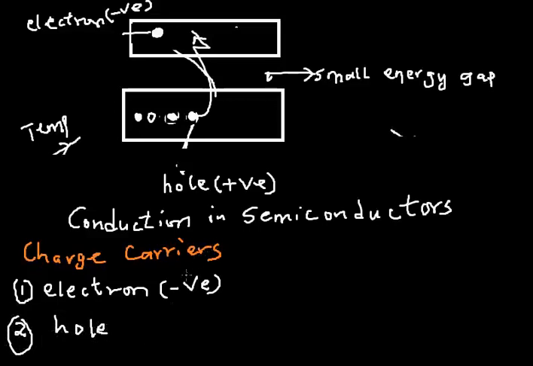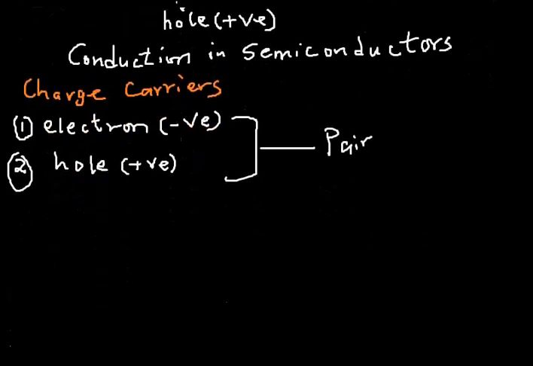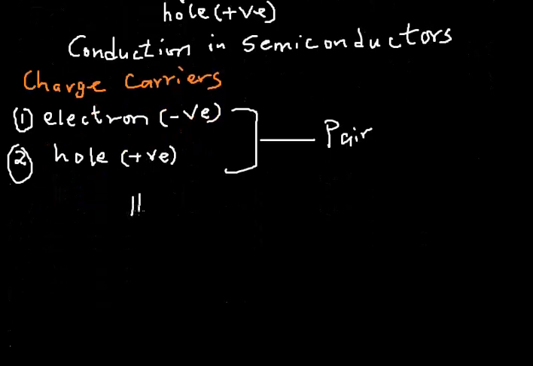So the electron moves forward, the hole moves backward. The two of them are generated in pairs, and they are generated due to heat. So if we are asked what causes electrical conduction in a pure semiconductor, it is due to thermally generated electron-hole pairs.